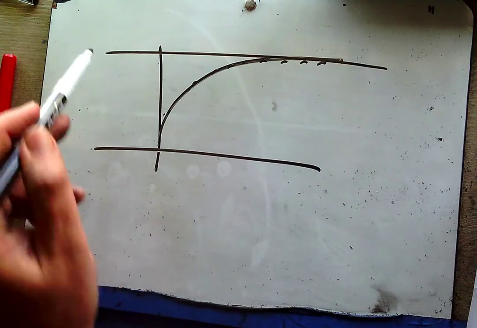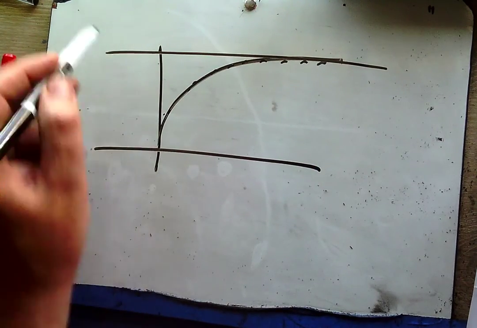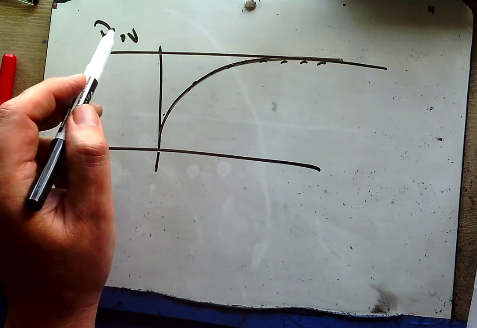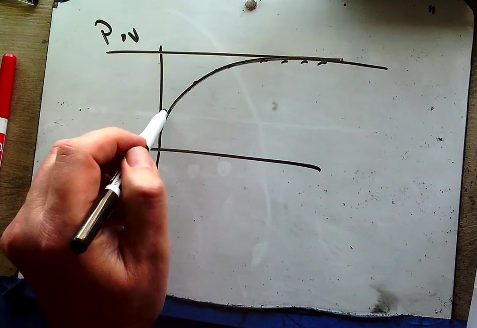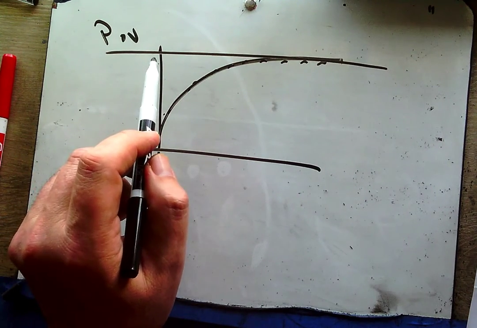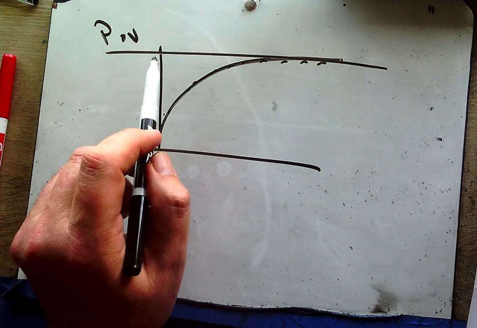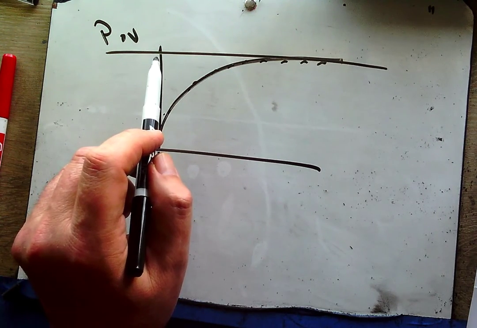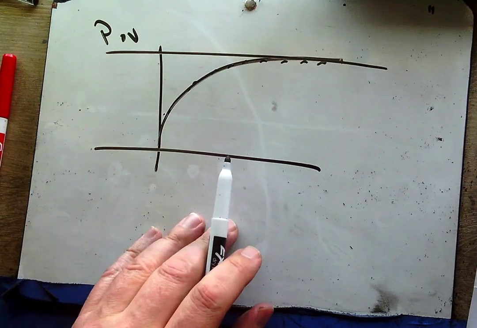So do something like that. This is our poverty line. And so I think what I can say here is, if n is the number of people below the poverty line at time equal to t, what are the signs of the first and second derivative?